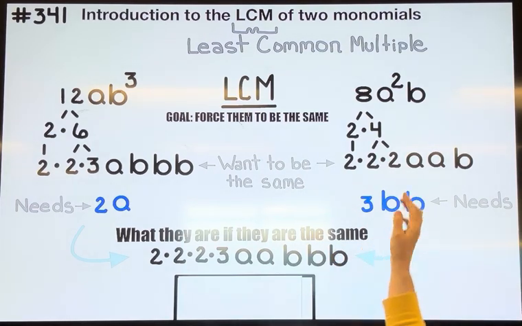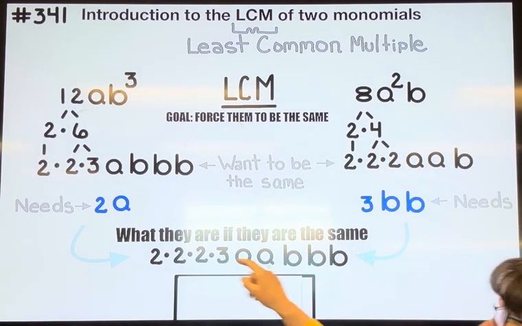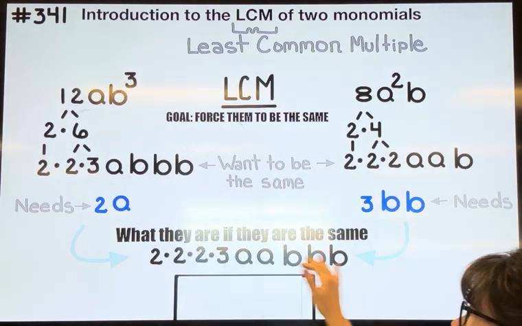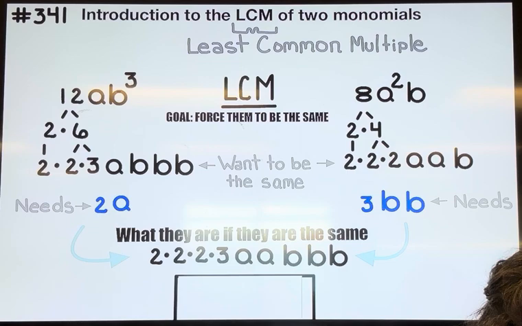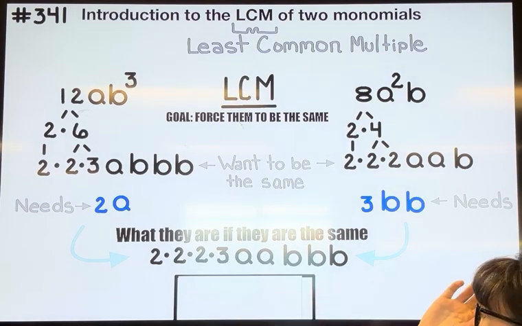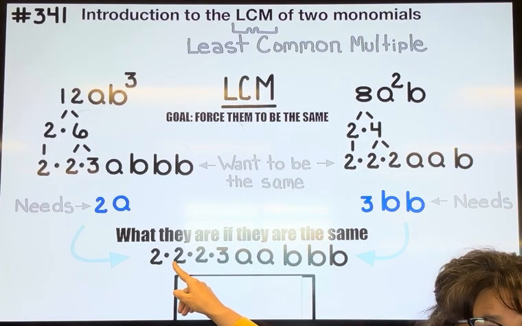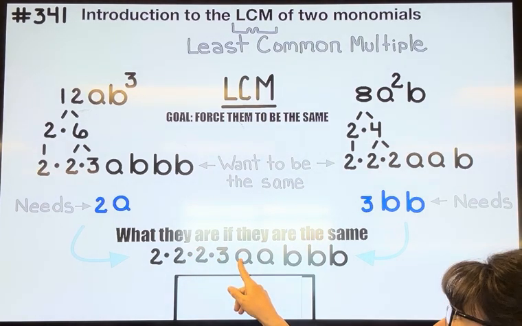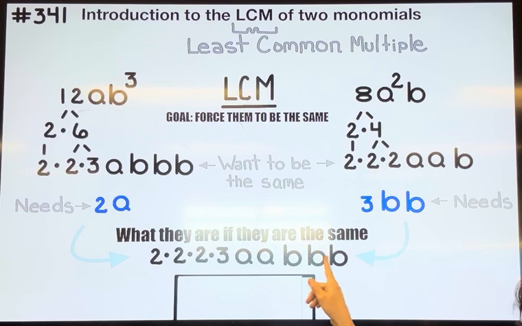See how I can force this one to be that, and I can force this one to be that. So what they are when they're the same is the least common multiple. So let's put all that together. 2 times 2 is 4. 4 times 2 is 8. 8 times 3 is 24. A to the second, b to the third, or b cubed.